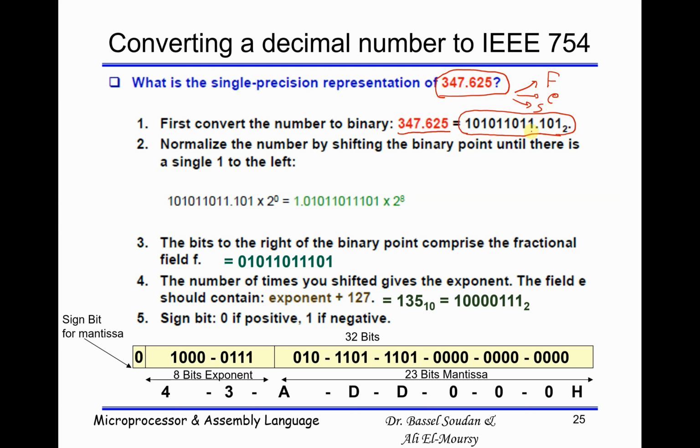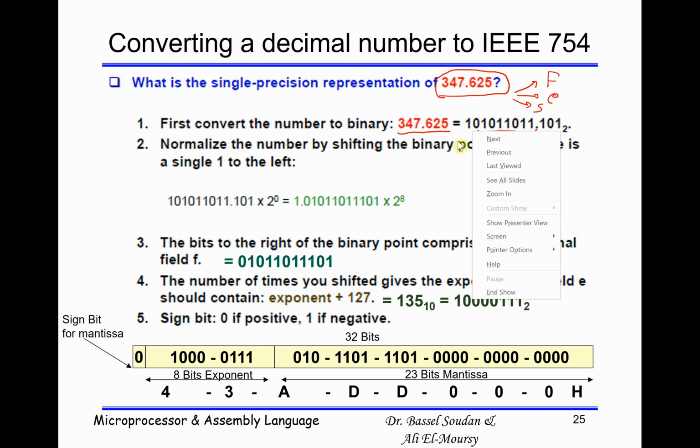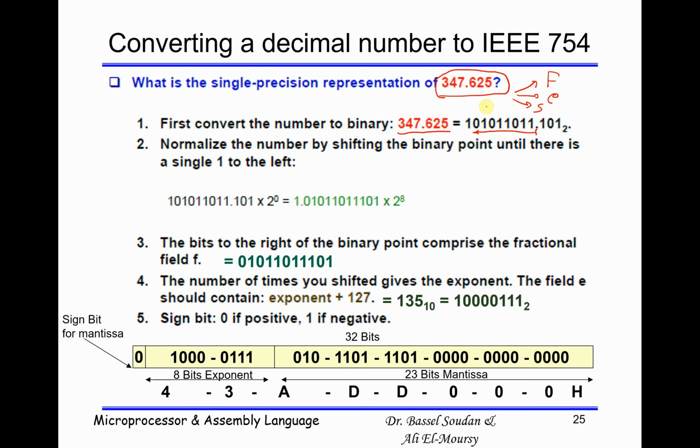The first thing that you want to do is to shift the decimal point from its location here till this position. So how many locations do you want to move here? You can count 1, 2, 3, 4, 5, 6, 7, 8. So I have to shift it 8 positions.